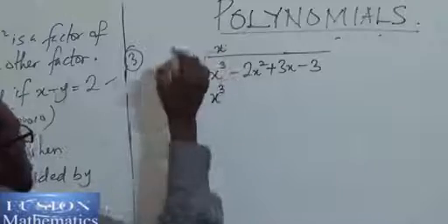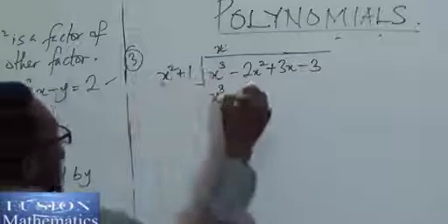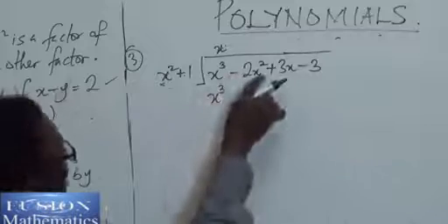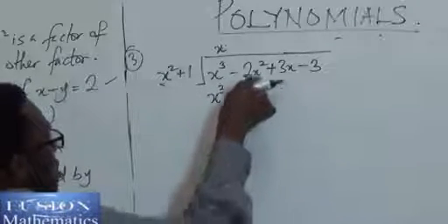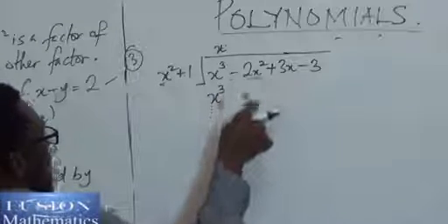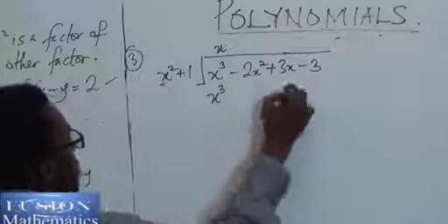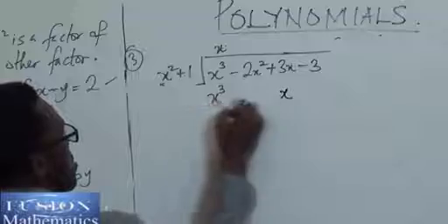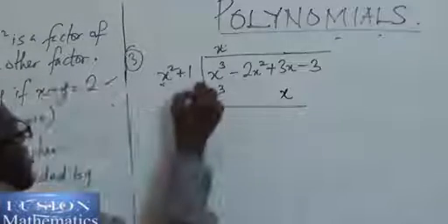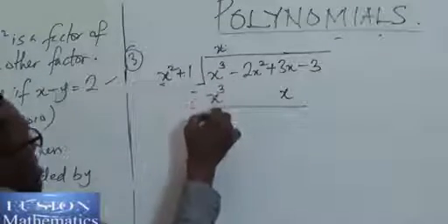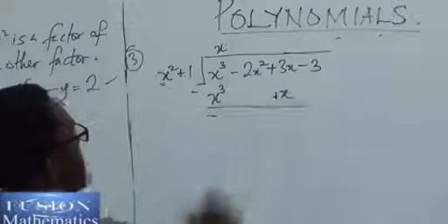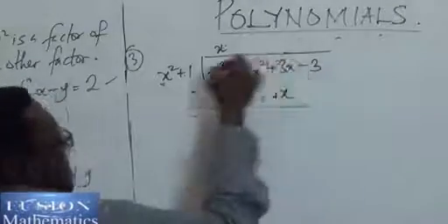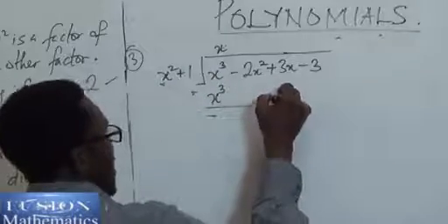Then x times 1 will give us x. But this minus 2x squared is not a like term to this, so we will not be able to minus or add. So we move the x to this side, x. So when we minus, this will minus this as 0. Then 3x, because this is a positive, 3x minus plus x.